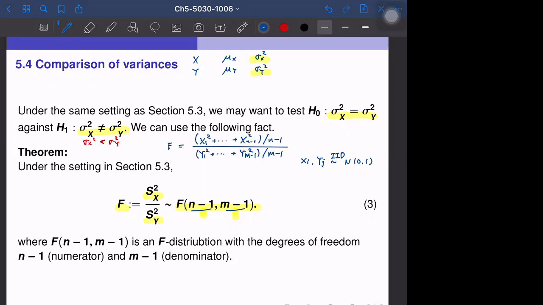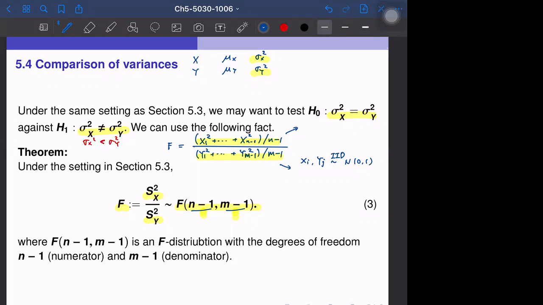So you can see the numerator and denominator of this F are similar to the definition of variance. And basically, the F statistic is centered around 1. That means the numerator and the denominator both have expectation of 1.